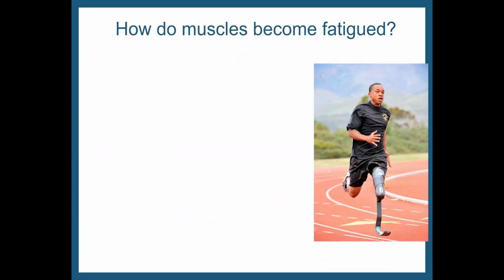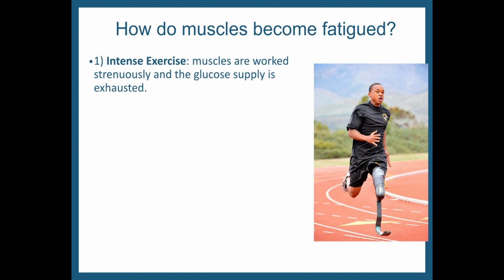All right, so let me go through some specific steps in how muscles become fatigued. So first, you're doing some form of exercise, and it needs to be pretty intense for you to deplete your muscle cells of oxygen quickly. So your muscles are worked strenuously, and the glucose supply, that's the sugar supply, gets exhausted.